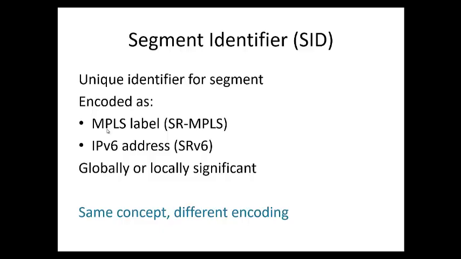When we have multiple paths, multiple links to go to somewhere, and you want to choose one particular link, then you may use this locally significant adjacent SIG ID. The prefix SIG ID and the node SIG ID are global. They are unique and they are global, and they are distributed using IGP.